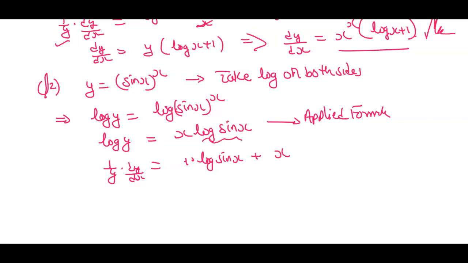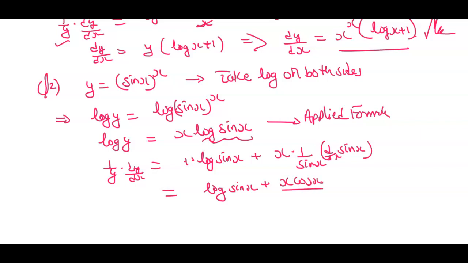Derivative of log sin x is 1 upon sin x into the derivative of sin x, so it is x cos x upon sin x. This y I am going to shift here. Let me mark it properly.